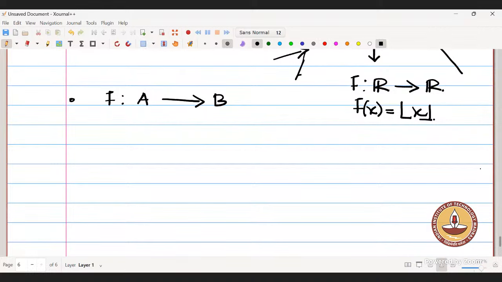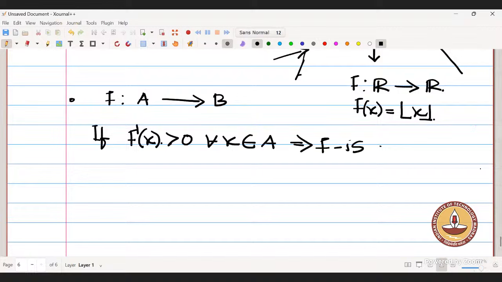What I'm saying is, if f dash of x is greater than 0 for all x in A, then f is increasing on A. This increasing and decreasing depends on the domain, right?